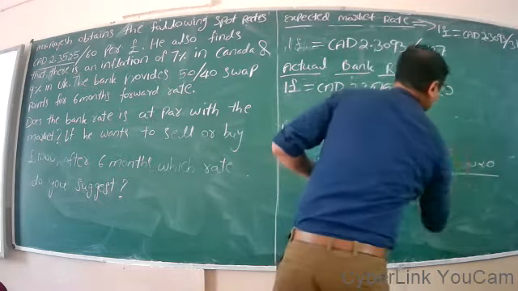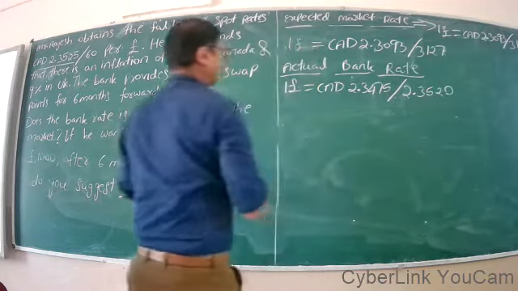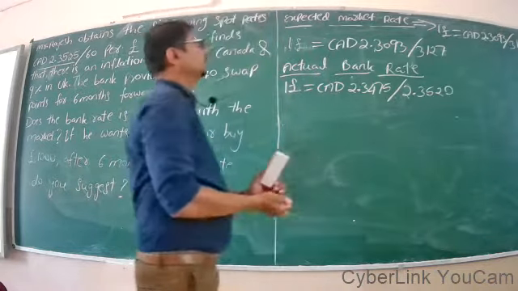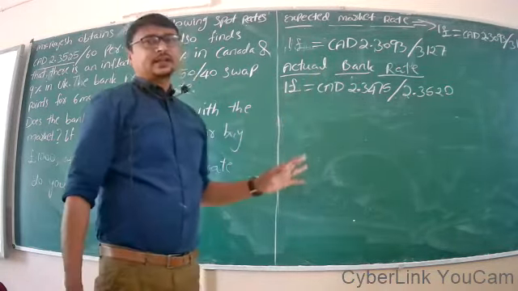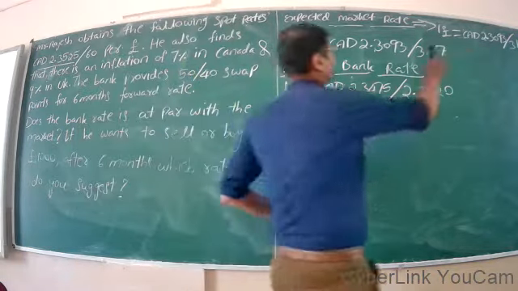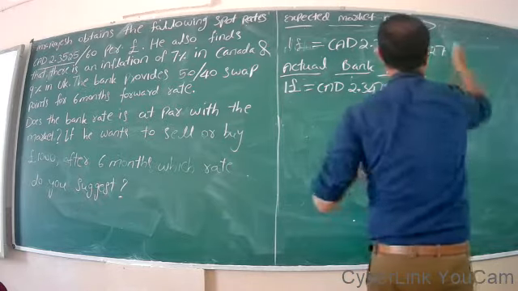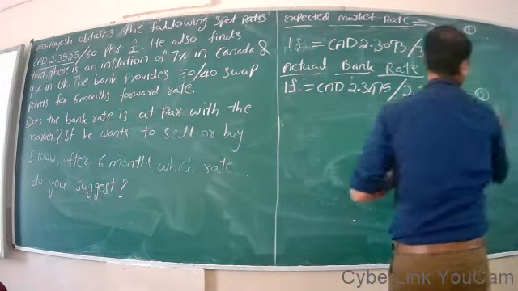So both the rates we have calculated: one is the anticipated market rate after adjusting the inflation rate with the spot rate, and another one is the bank rate. Now we have these two rates with us. This is rate 1, this is rate 2.